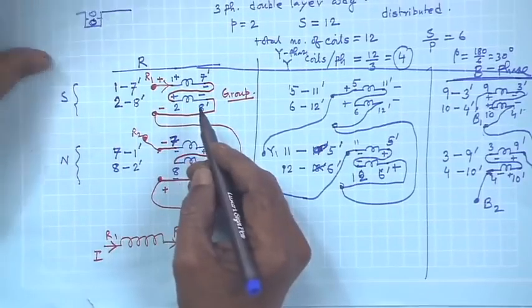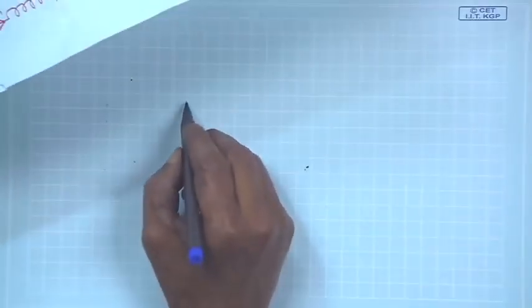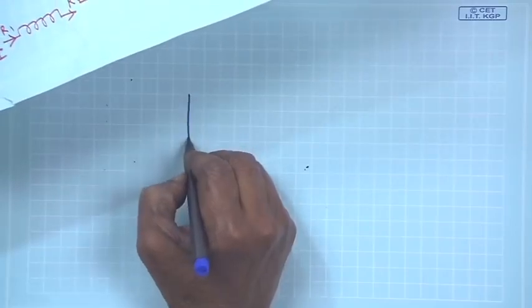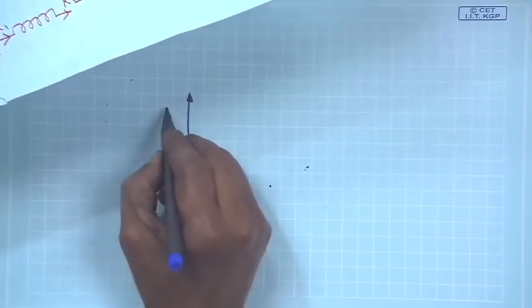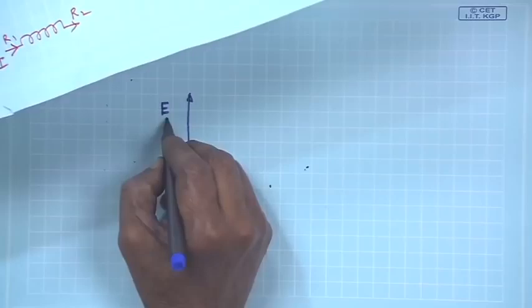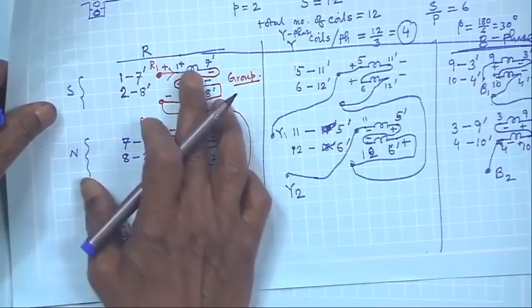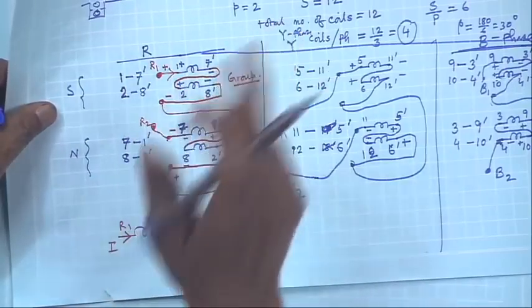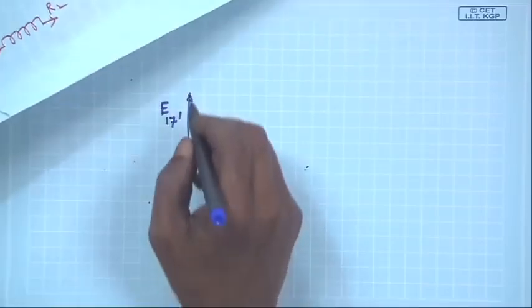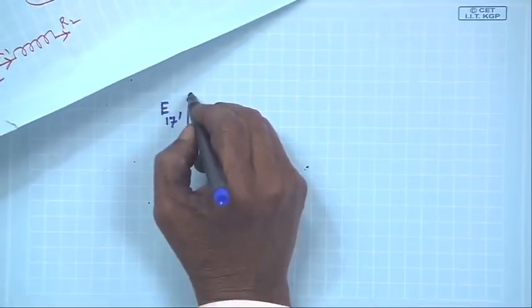Suppose this is the voltage phasor E17 dashed, this coil voltage. The voltage E28 dashed, suppose it is lagging this by what angle? Angle beta, 30 degrees.